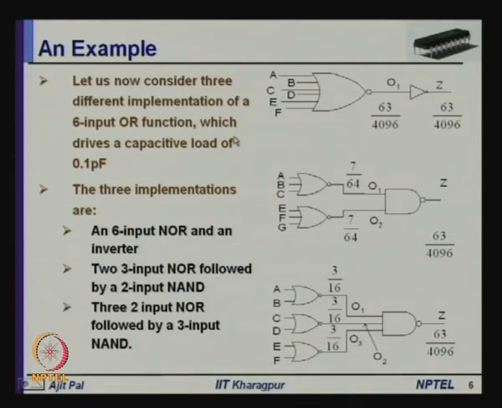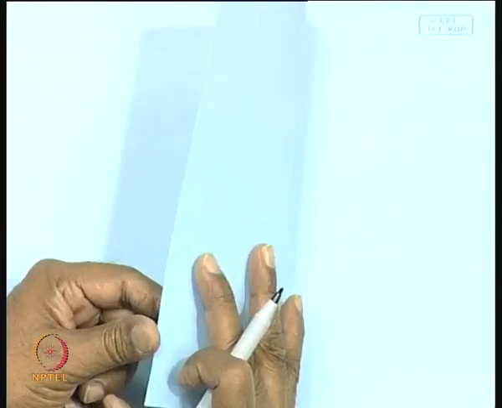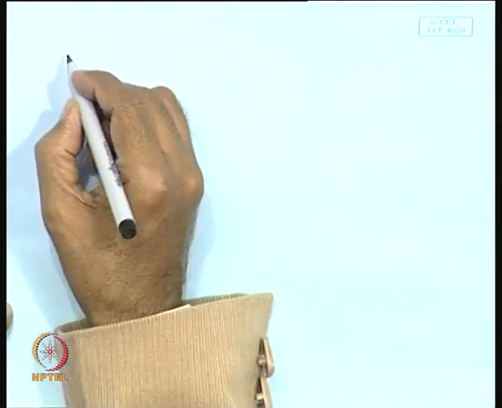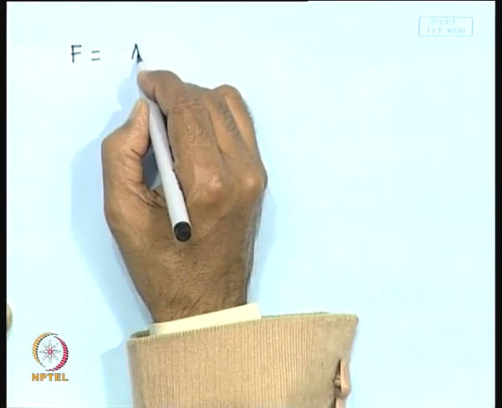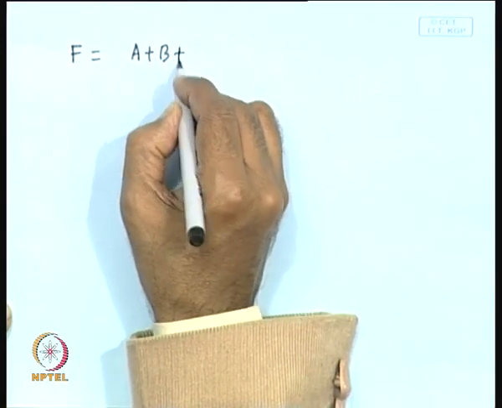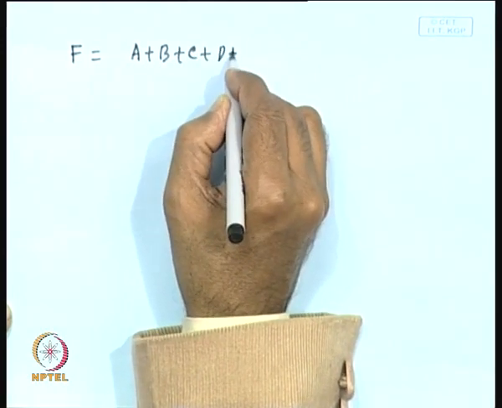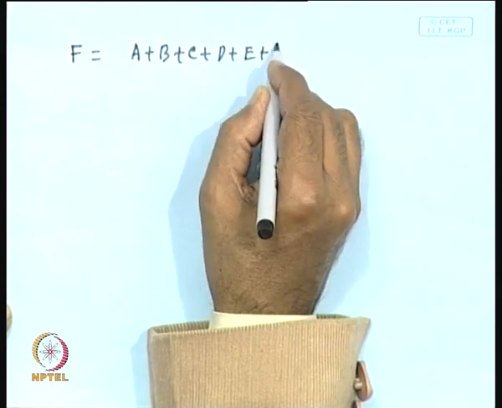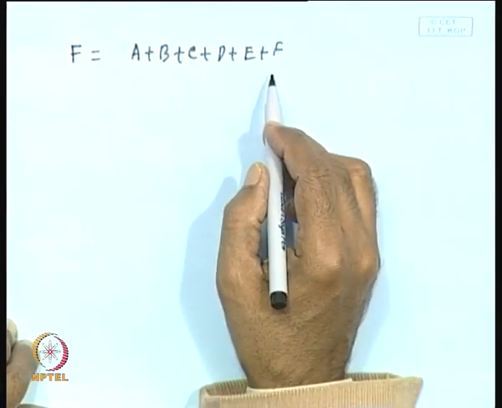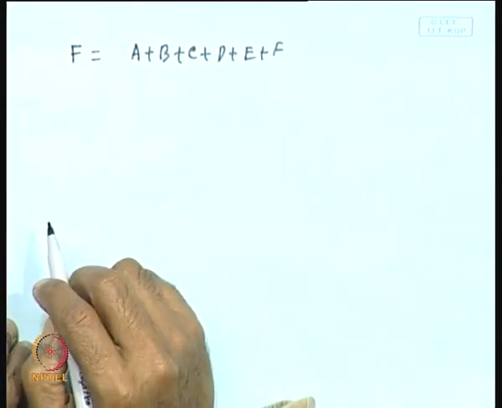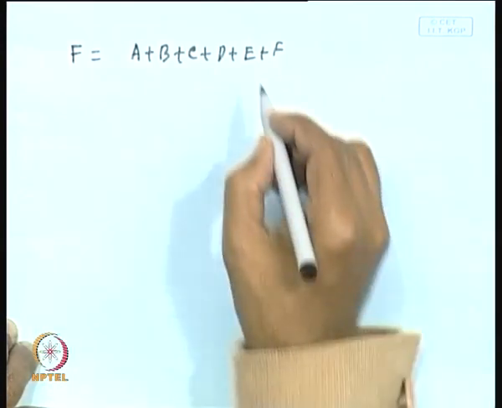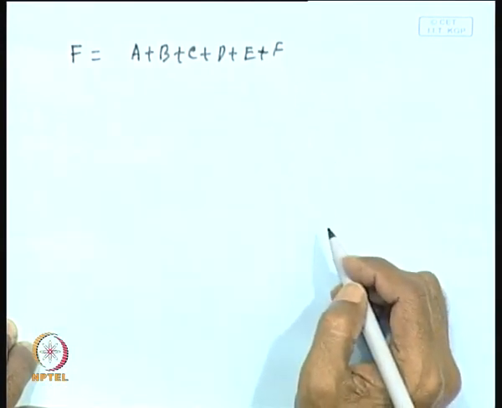Let us assume the function that you are realizing is f is equal to A or B or C or D or E or F. So, it is a 6 input OR function you are realizing. Now, you can realize this function in a number of ways.